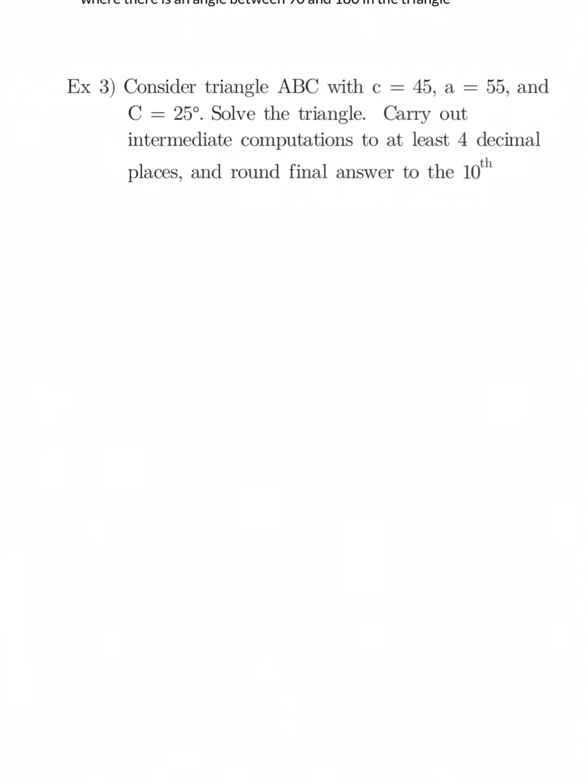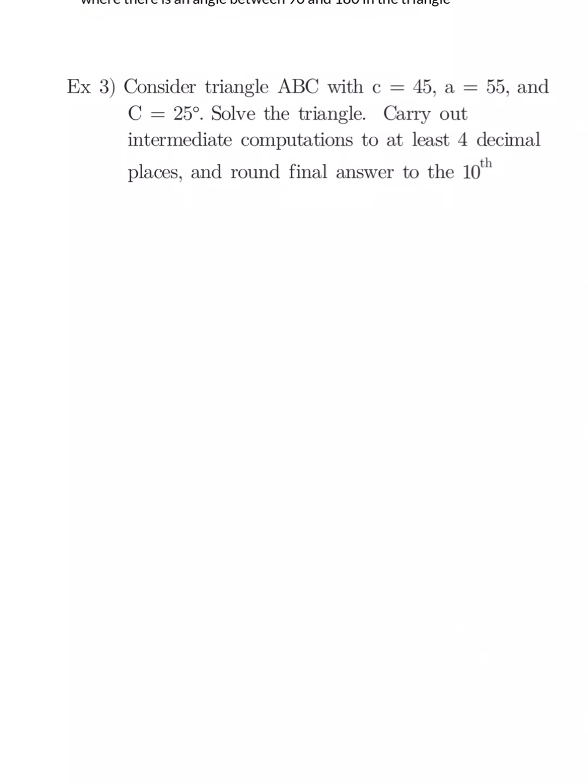In our first example for the ambiguous case, we are told to consider triangle ABC with side C equaling 45, side A equaling 55, and angle C equaling 25 degrees. Solve the triangle. We are told to carry out intermediate computations to at least 4 decimal places and round the final answer to the 10th.